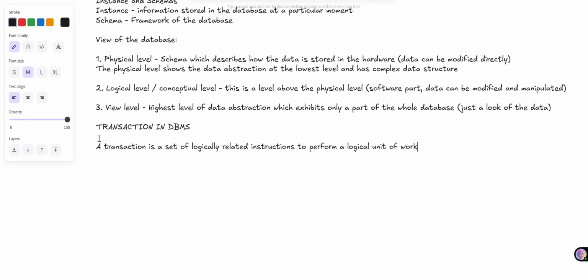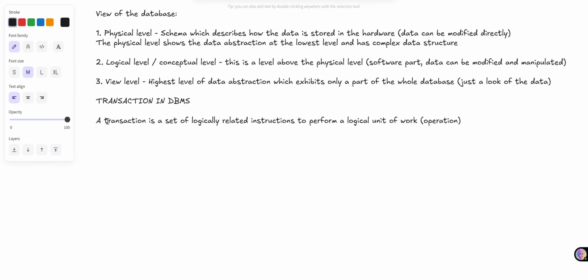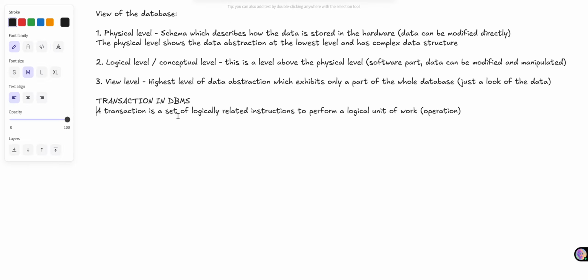If I write the definition, then you will understand. So a transaction is simply a set of logically related instructions to perform a logical unit of work. What is this logical unit of work? It is nothing but a simple operation. And instruction here I already told you about. So this is the definition of a transaction.